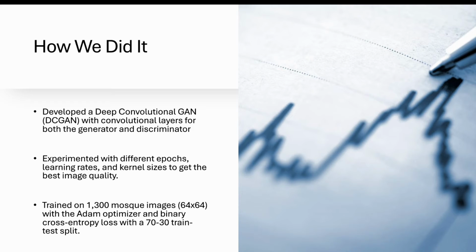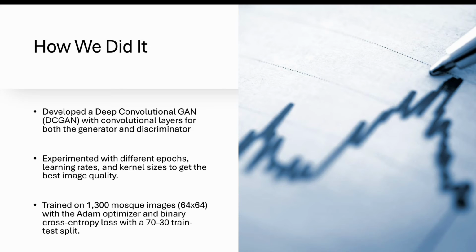The main thing that we experimented with was different epochs, learning rates, and kernel sizes, so how long we trained the model for and the architecture. We wanted to find the set of hyperparameters that would produce the best possible images for us.